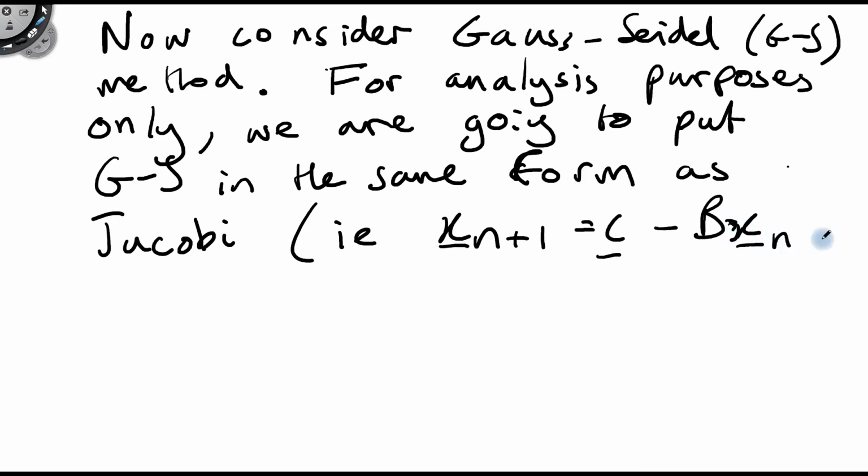Okay, so although we don't use it for the actual computation of Gauss-Seidel, it's helpful to put it in this form. That's what we're going to do first thing today.